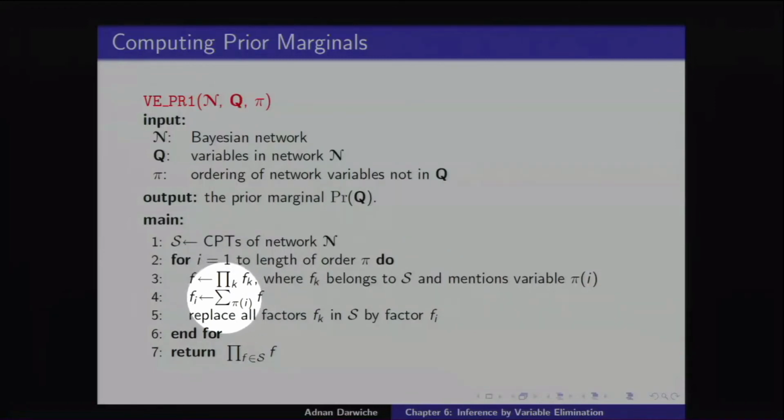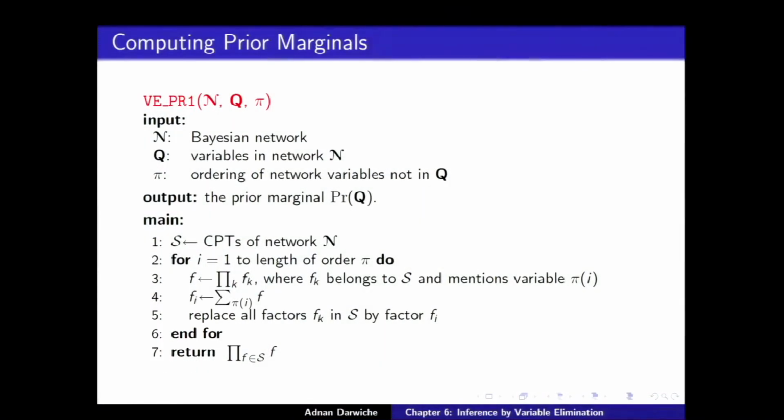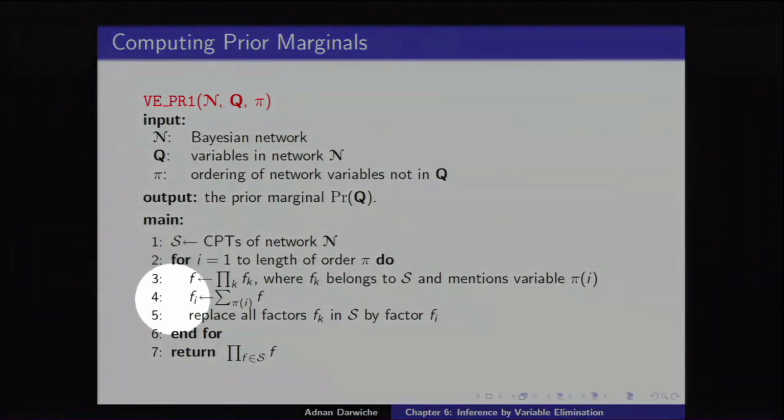Here I'm doing a multiplication, and the resulting factor f is over a set of variables. And here I'm doing a sum out. What's the difference between f and fi? One variable. So we're going to assume that w represents the number of variables in fi. So the complexity of this is exponential in w, and that's also exponential in w.